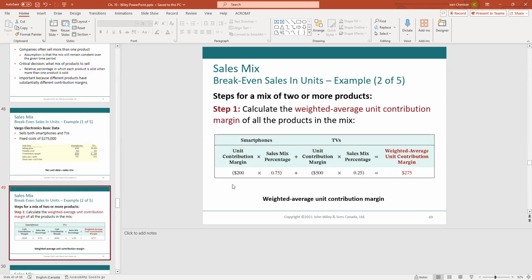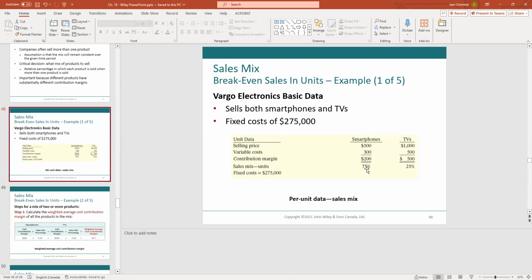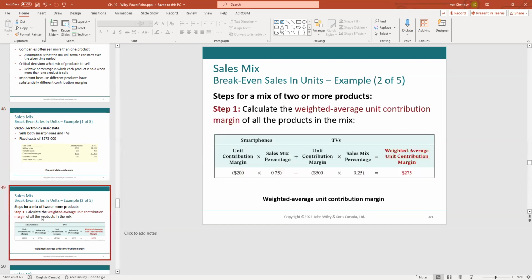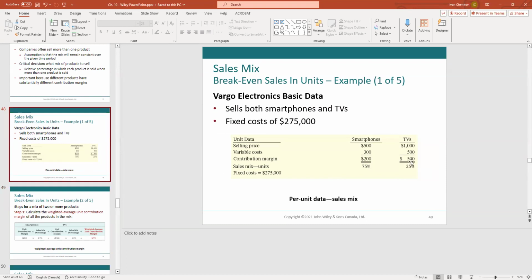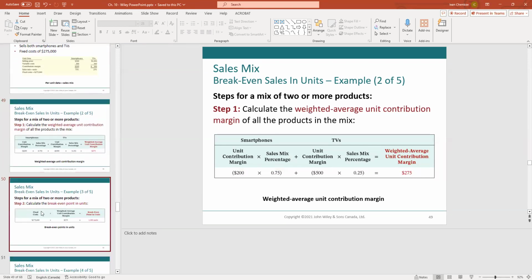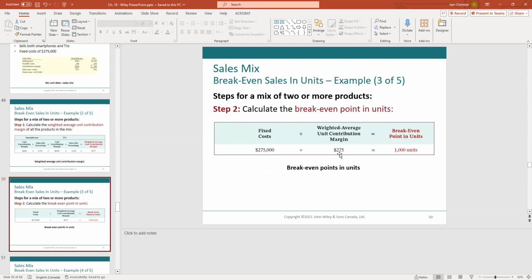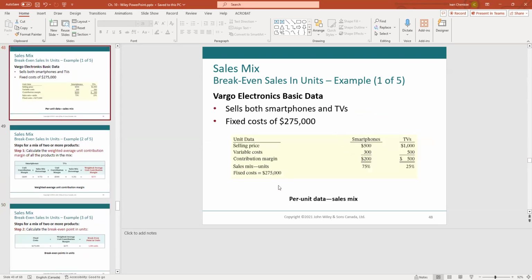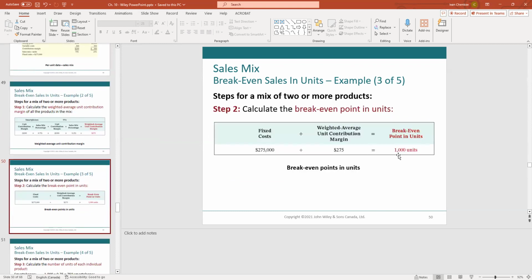We get the unit contribution margin for the smartphones, which is 200 times 75. Then the unit contribution margin for the TV, which is 500 times 25. And we get the total contribution margin, which is 275. We go with that contribution margin based on the fixed cost, which is 275, and we calculate that we need to sell 1,000 units.